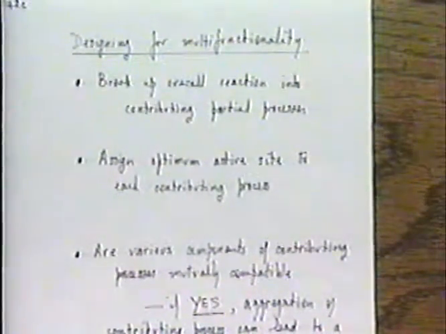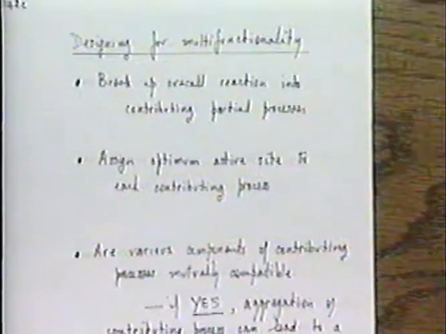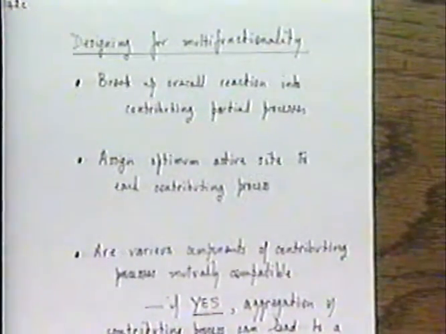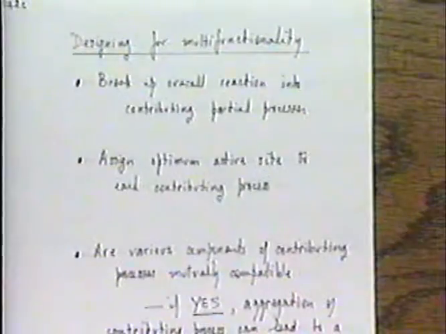So the first step is that you have a look at the overall reaction in question, and if necessary, break it up into contributing partial processes, and then try and assign some sort of optimum active site to each of these processes. And if you manage to get that far, you're well on the way.